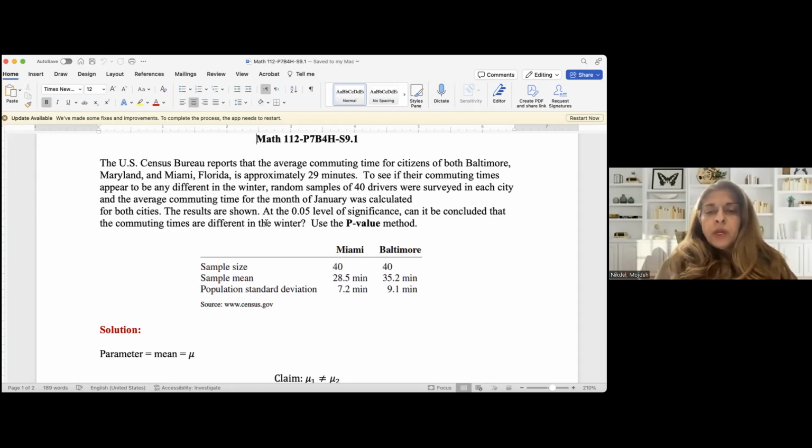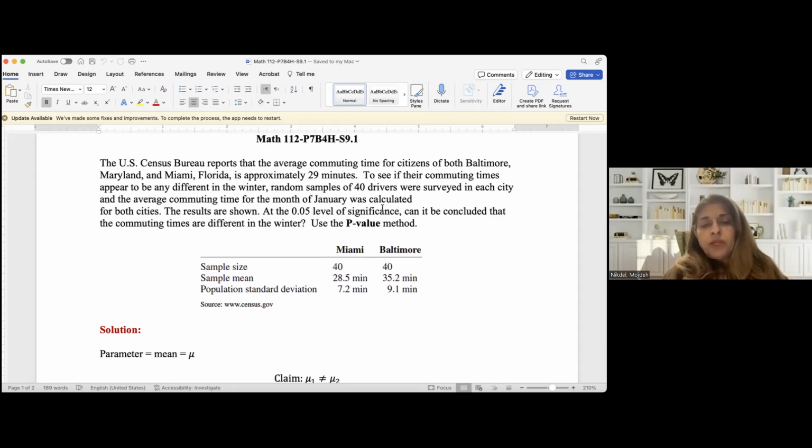So here, since we are talking about average, the parameter is mean, okay? Now, let's read the rest of the problem. The results are shown, here it is, we discussed that, at alpha equal to 0.05 or at the 0.05 level of significance. Level of significance is the same as alpha.